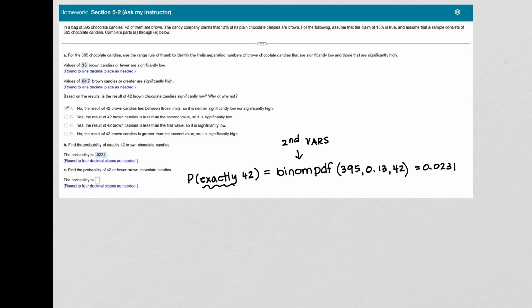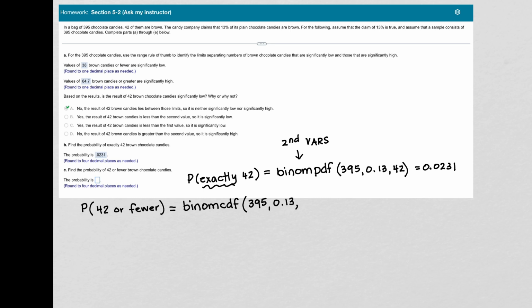Now in part C, it says to find the probability of 42 or fewer candies. So to do this, we're going to use the cumulative binomial function. So that's binom CDF. And our number of trials is 395.